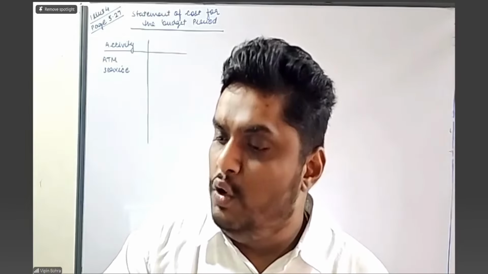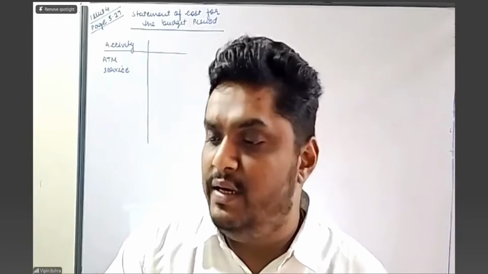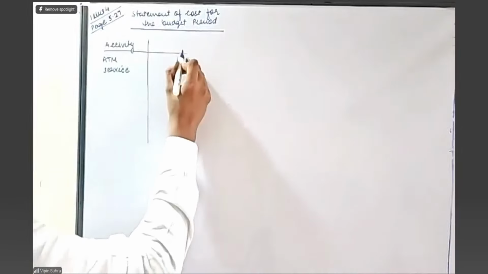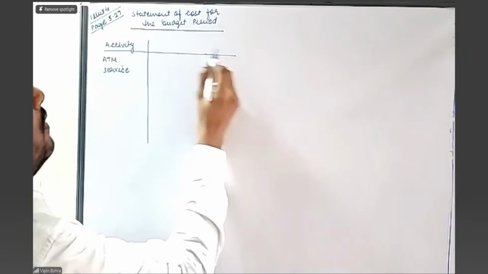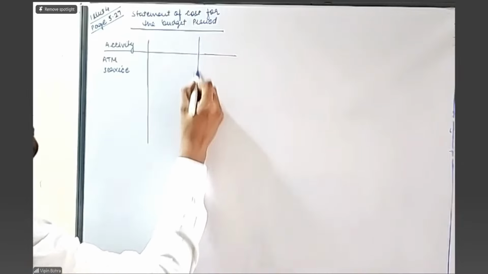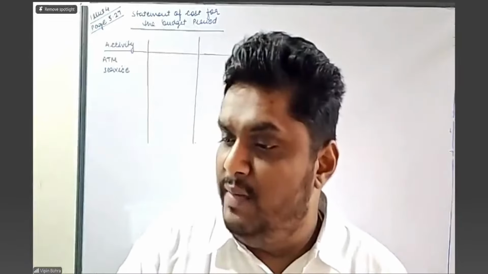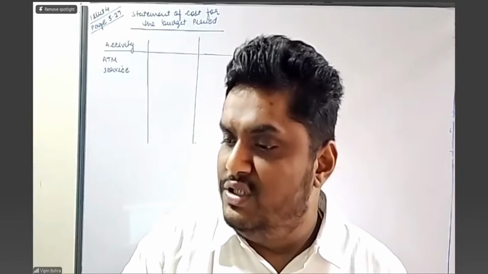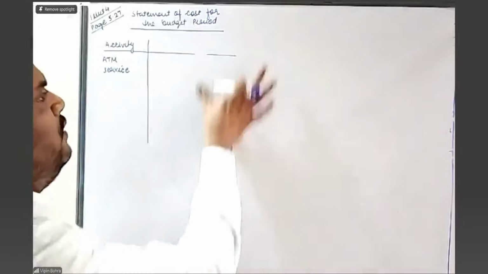So 4 lakh, no change, plus 2 lakh, no change, plus 1 lakh is to be doubled in the next period. So I'm just writing it straight away.